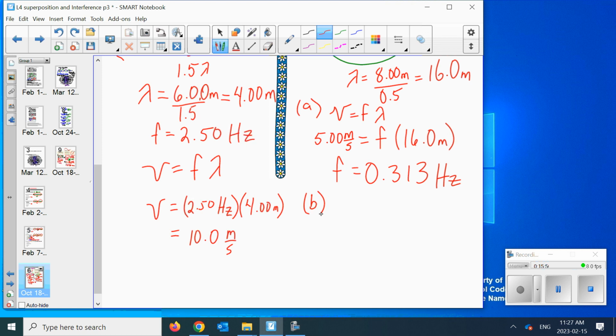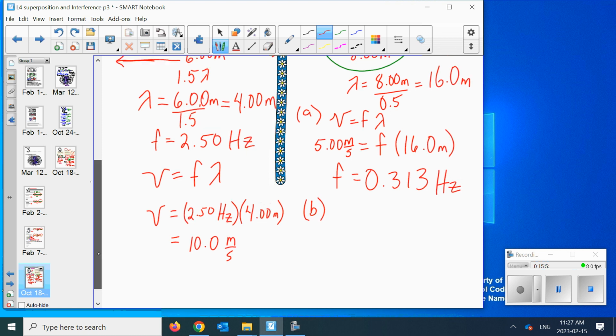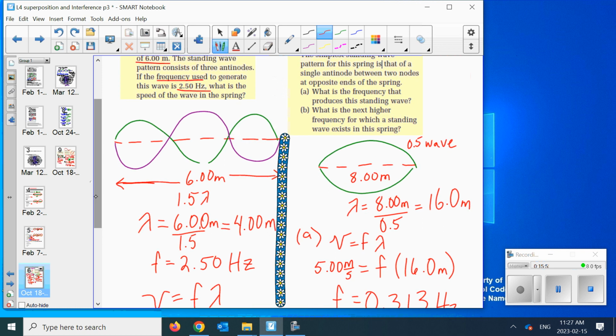This is something I mentioned earlier. What is the next higher frequency for which a standing wave exists in the spring? Now, I mentioned this. With Josh, we didn't move closer together, and we did our best to keep our hands about the same spot. What did I say about the speed in theory without friction?